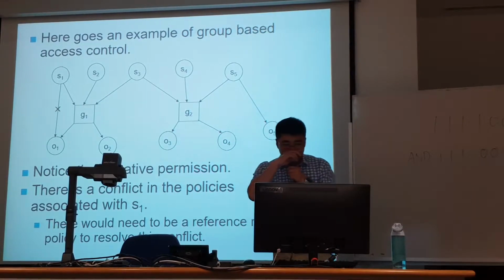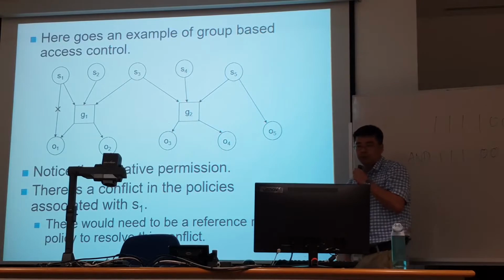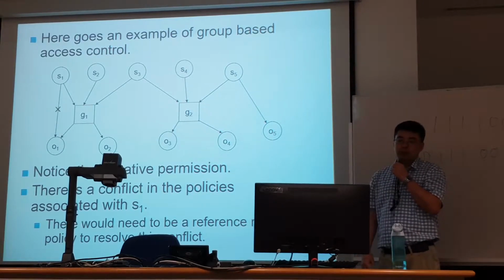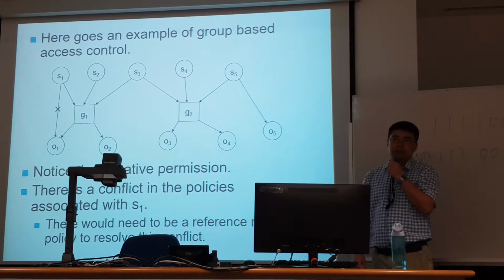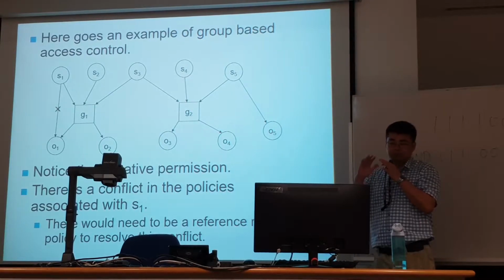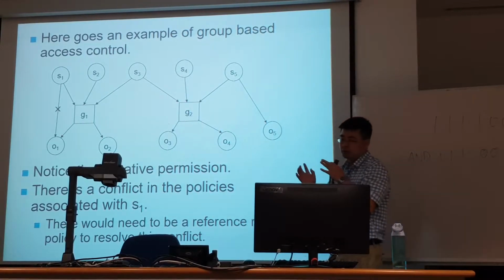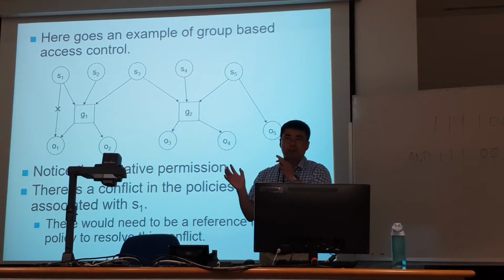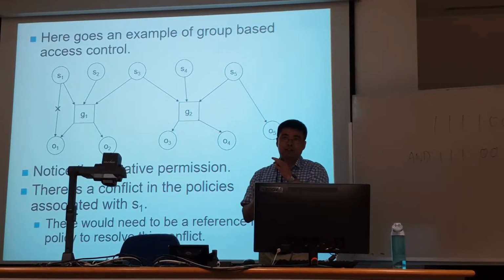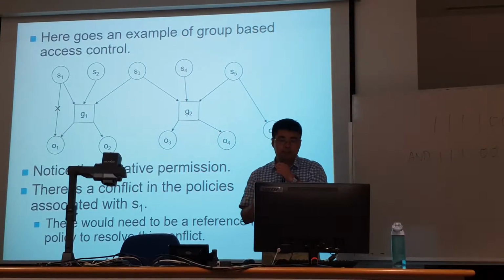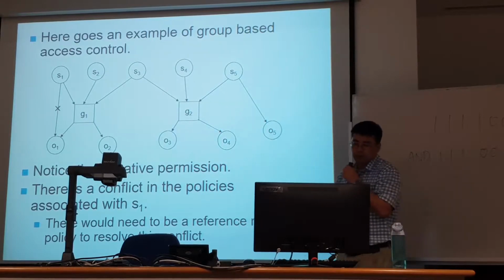So basically in security, we usually implement the default deny. That means if there is conflict, one policy says allow, one policy says deny, we follow the deny policy. And then by default, if there is no policy specified, then we always deny. So that's the default deny policy.